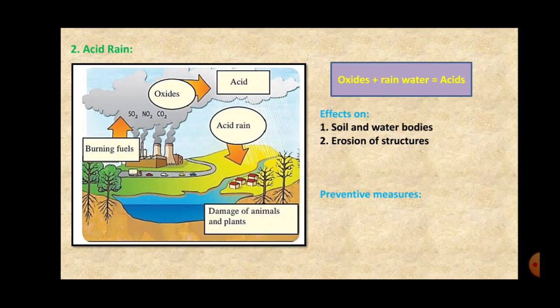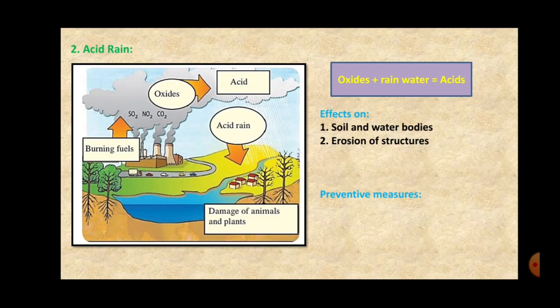When acid rain takes place, the acidity of the soil and the water bodies increases, which harms the aquatic organisms, plants, and the forest also, right? So the whole ecosystem, the aquatic ecosystem as well as the terrestrial ecosystem, gets disturbed because of the acid rain. Second one is erosion of structures.